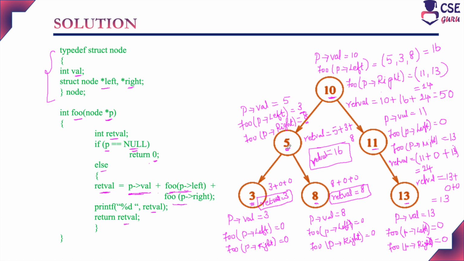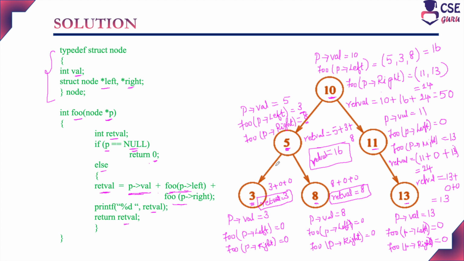The left child P value is 5, and it has its left child and right child, so we can't find the return value here. Then move to its left first, then only right. So foo of left first, then foo of right.